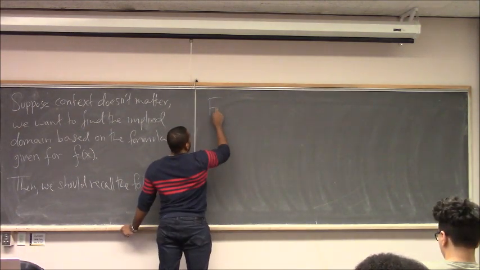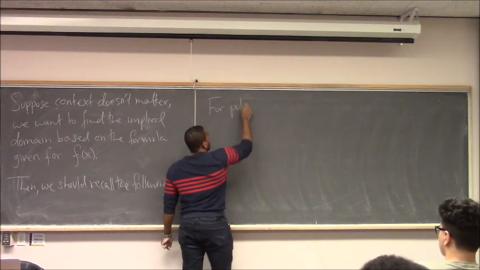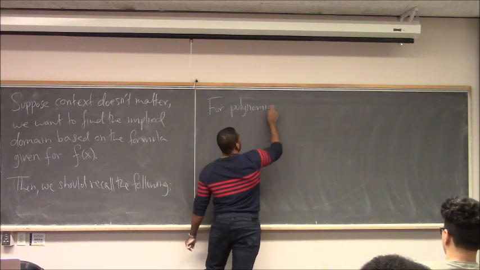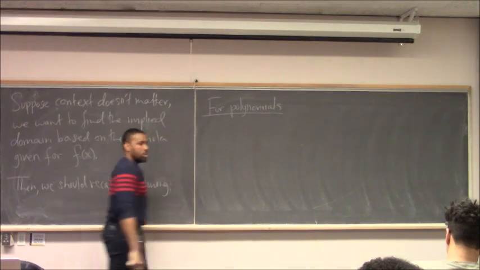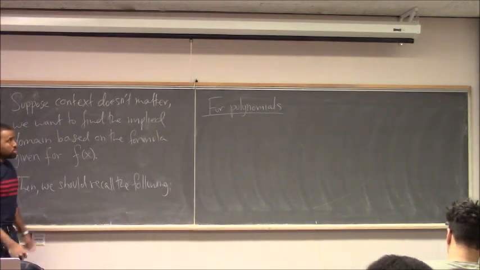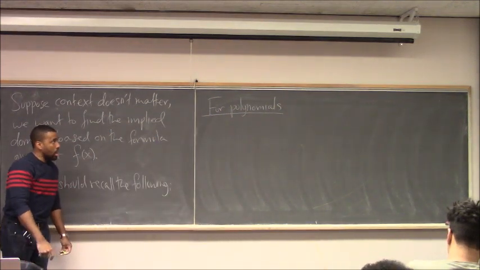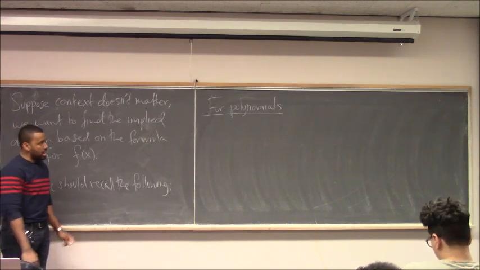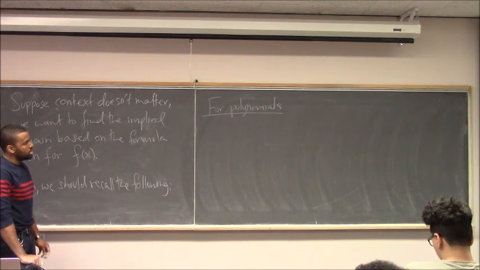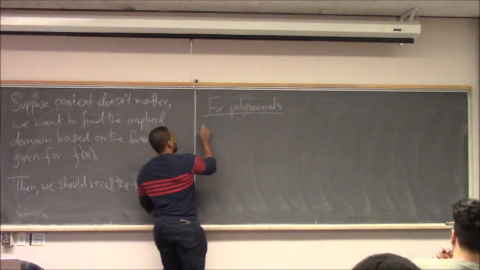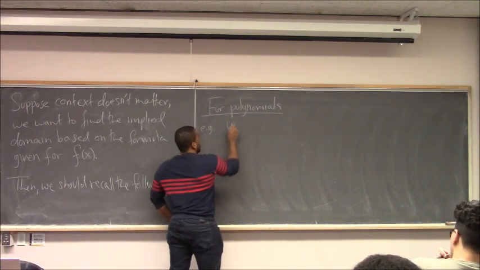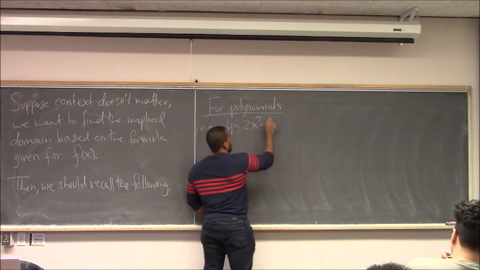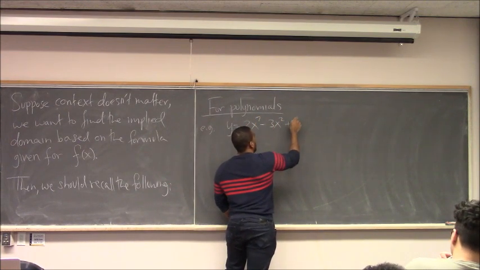So for polynomials, this is a very specific kind of function. Remember, that's just a sum of terms where your x has non-negative integer powers, and your coefficients can be anything. For example, something like y equals 2x to the 7th minus 3x squared plus 12.